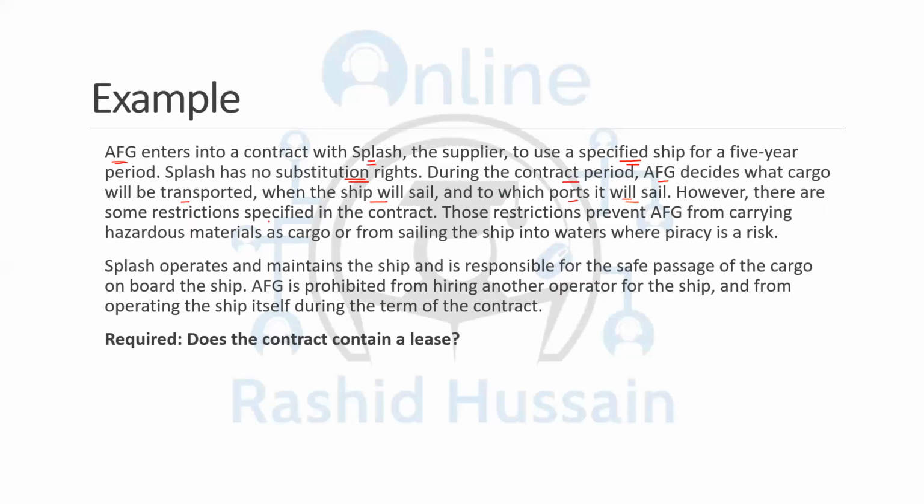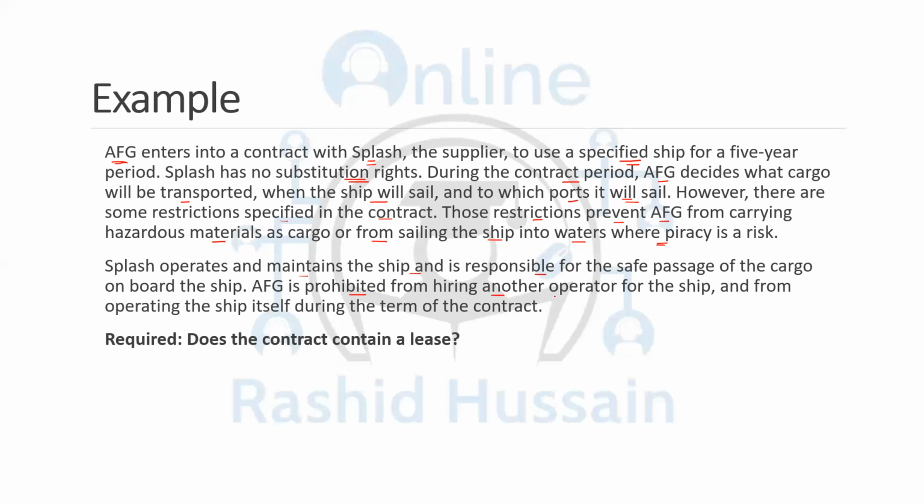However, there are some restrictions specified in the contract. Those restrictions prevent AFG from carrying hazardous materials as cargo, and from sailing the ship into waters where piracy is a risk.